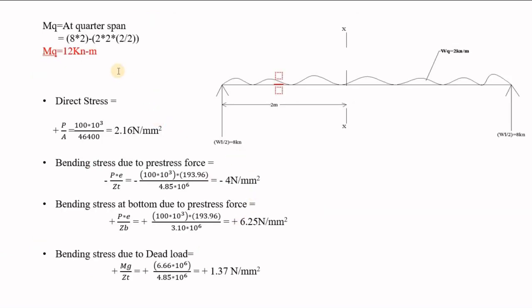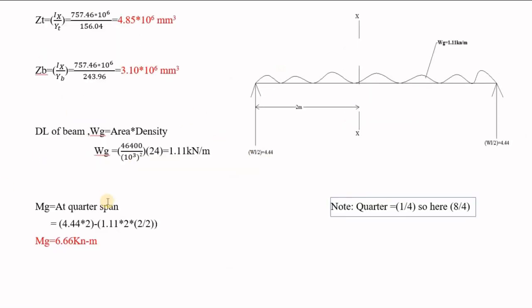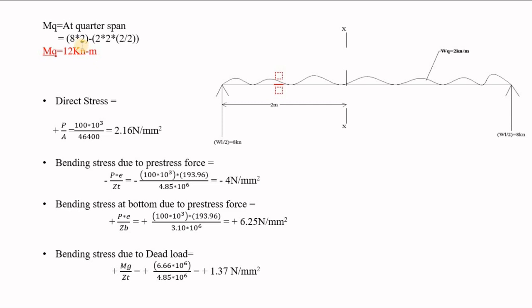Like that, the next one is MQ at quarter span. Again, it's the same thing, but for the quarter span you should be careful with the W values here. For the dead load, W value is 1.11. For the live load, they have given 2 kilonewton per meter.